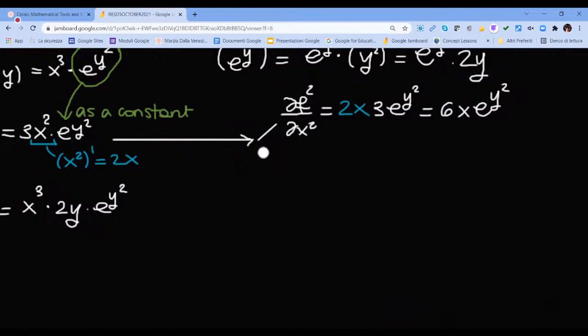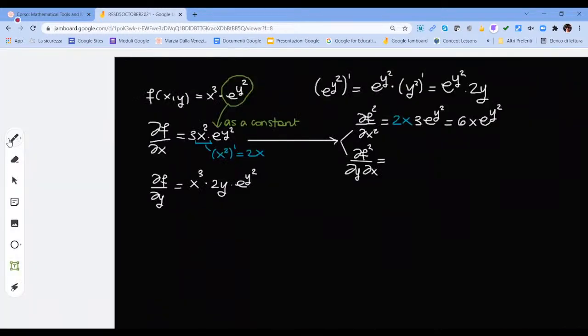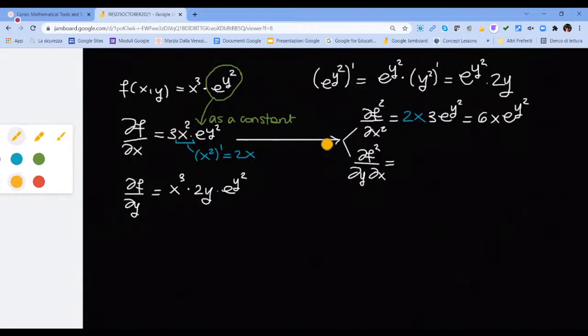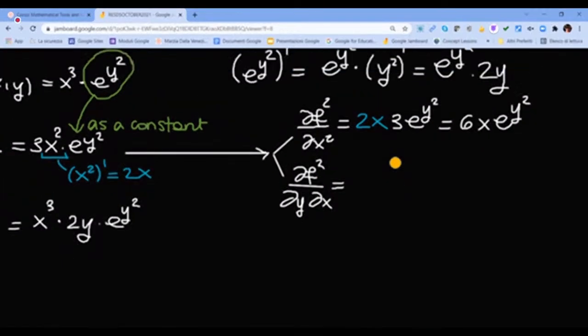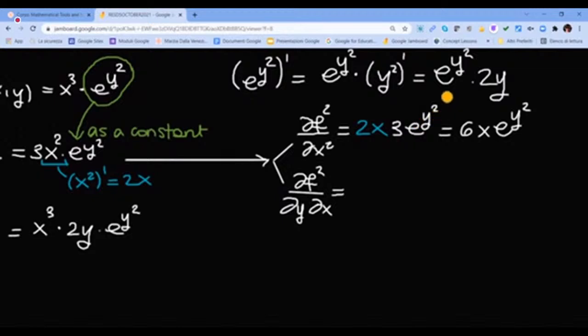What is the derivative with respect to y and x? That means, first of all, we take the derivative with respect to x and then we derive with respect to y. In this case, we have something that depends on y, so we have to derive e to the y squared with respect to y. That means we can take 2y e to the y squared. This is this derivative.